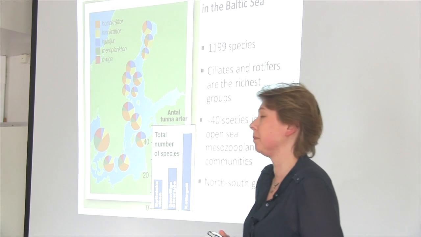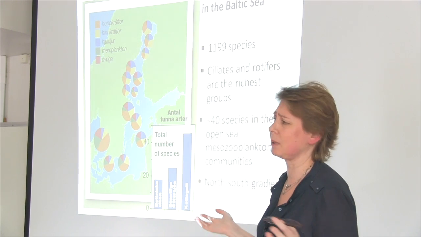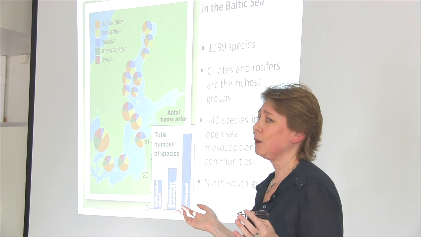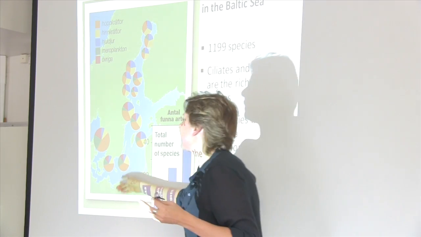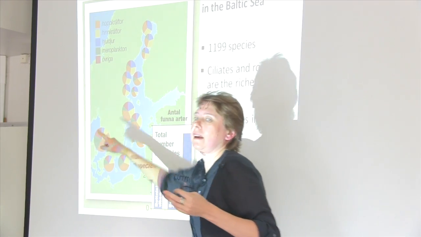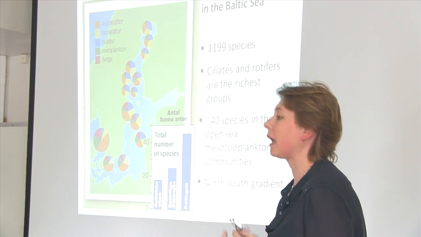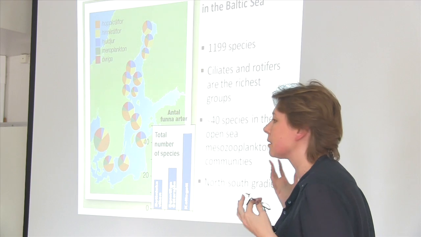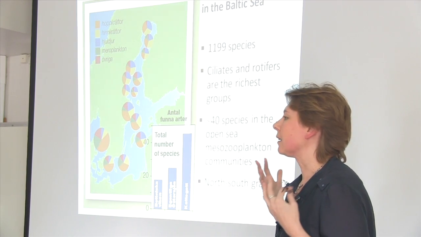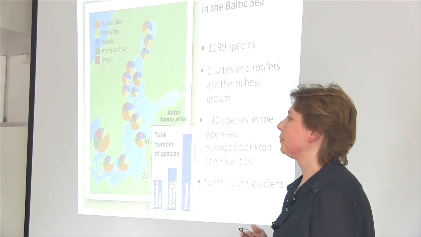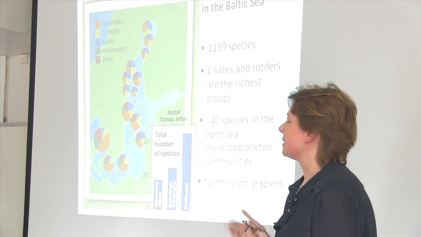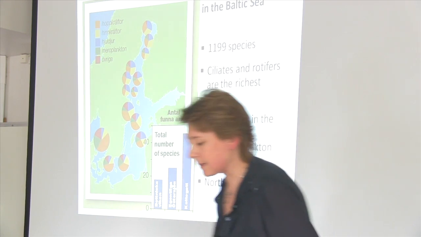Like 85% of all benthic animals have planktonic larvae, which means that it also reflects the diversity of benthic animals in the south, as expected. So there is nothing major, like striking uniqueness, in this distribution. It's more or less as expected.